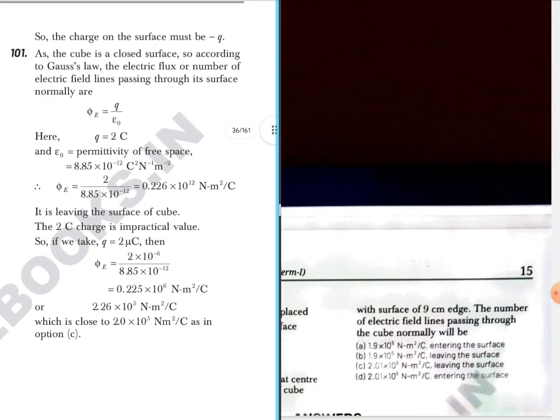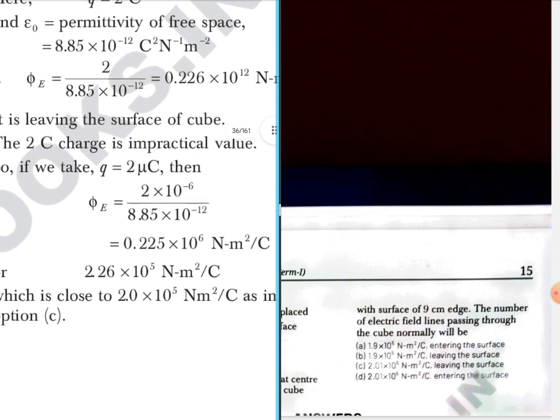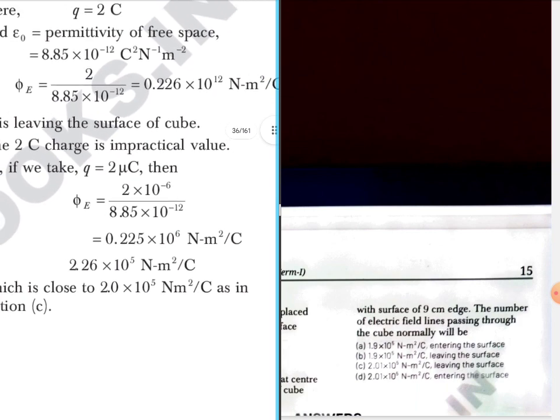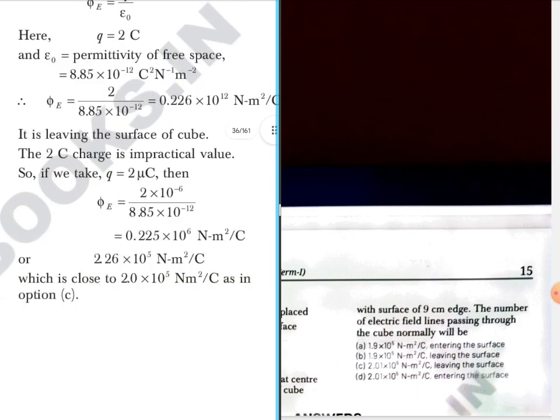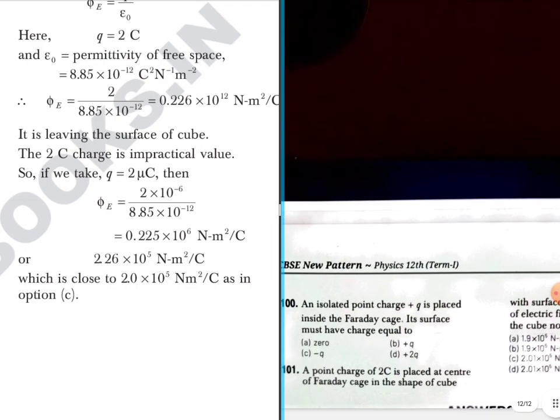2 coulomb charge is an impractical value. Something is mentioned in the solution. The 2 coulomb charge is an impractical value. So if you take Q is equal to 2 microcoulomb, if you take 2 coulomb, it's a very, very large value. If it's microcoulomb, then you get it like this, which is close to option number C. So what is he trying to say? Is he trying to say that it should have been 2 microcoulomb and not 2 coulomb?